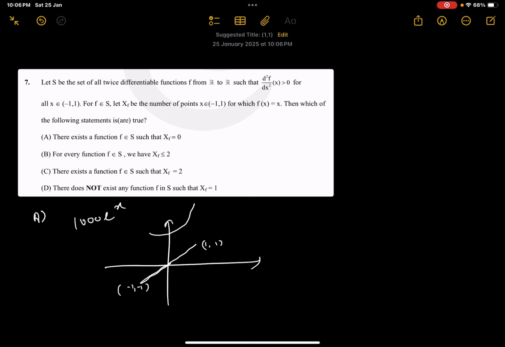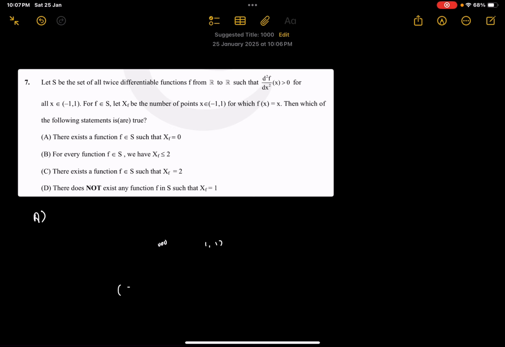This function belongs to S, and obviously it has no solution from -1 to 1, because at less than 0 this is greater than 0 and the line is below the x-axis, and at 0 this is 1000 and it will grow faster from there. So yeah, we have a function such that Xf equals 0. So A is correct.